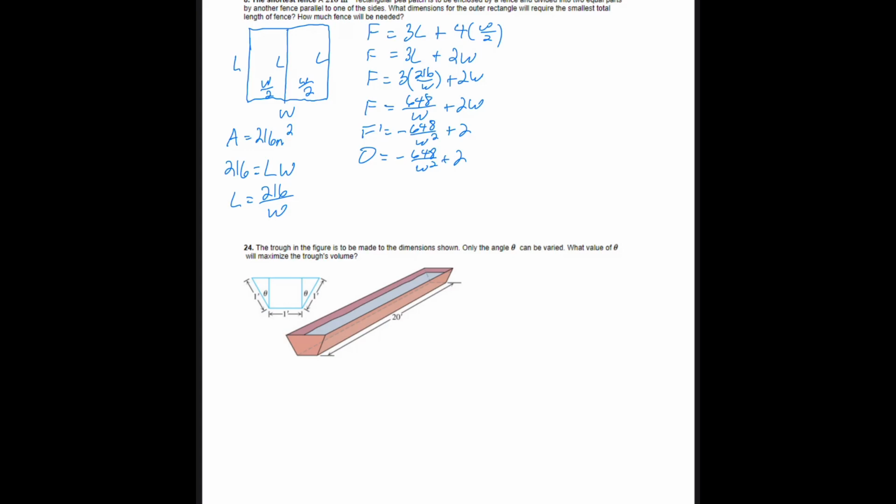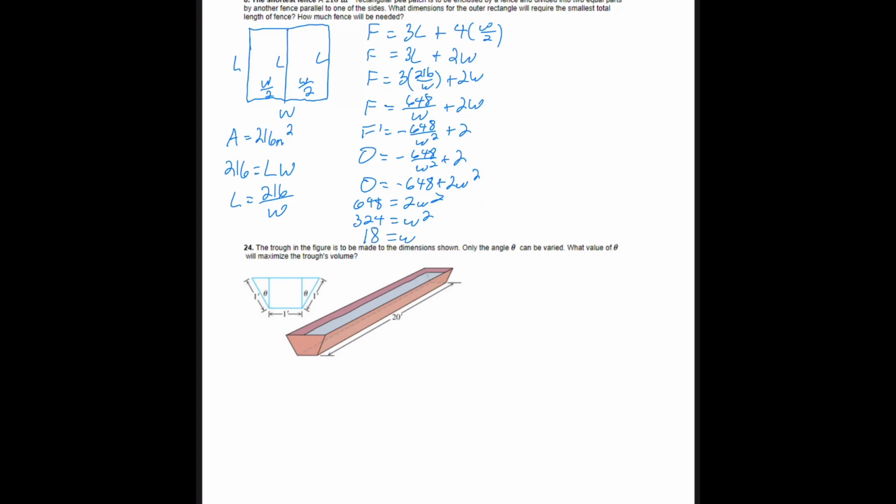And then we can set this equal to 0 and solve for W. So multiply both sides by W squared, and we'd get 0 equals negative 648 plus 2W squared, right? Because the W squared would cancel when we multiply it times this term, and we'd get it by the 2.